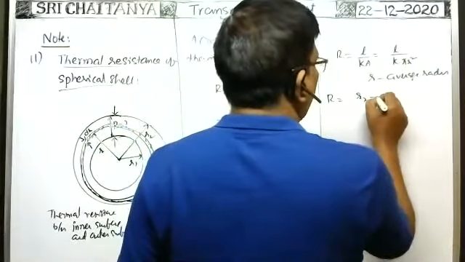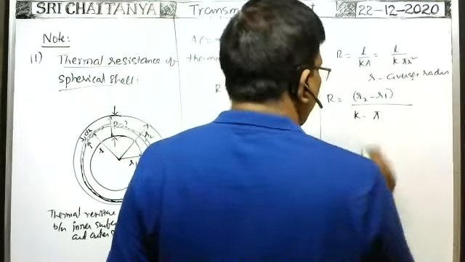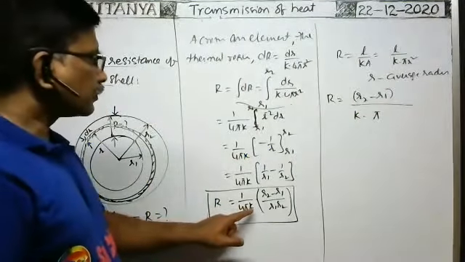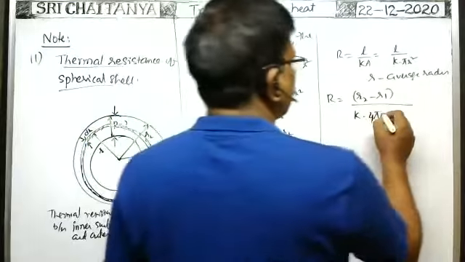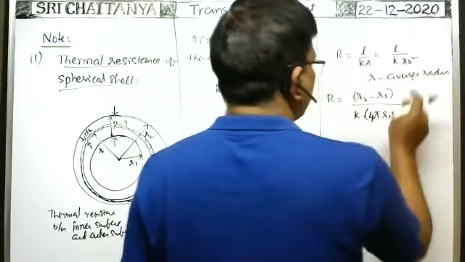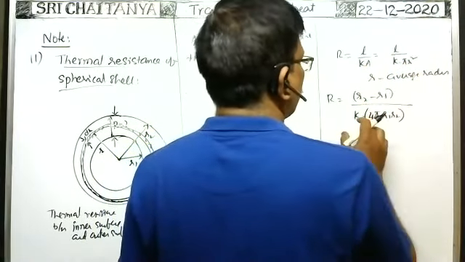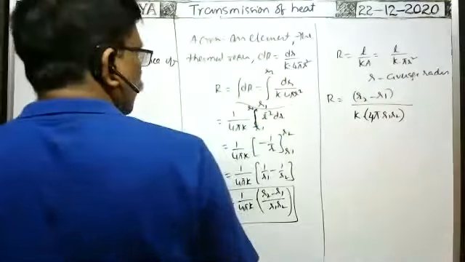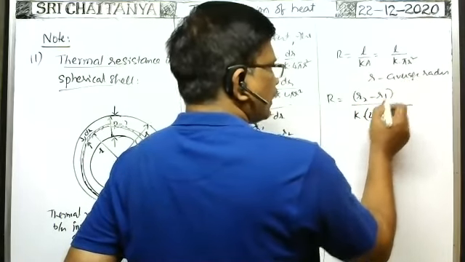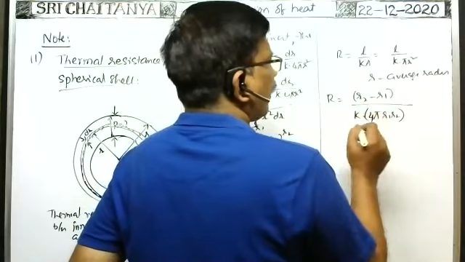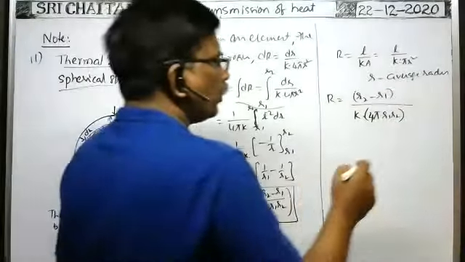So we can write (r2 minus r1) by K into the surface area, 4 pi r1 r2. Instead of area, 4 pi r1 r2 is there, and instead of L, r2 minus r1 is there. When you compare these two, L is equal to r2 minus r1, so instead of average radius, what is the value there? Of course, the surface area of a spherical shell is 4 pi r square.